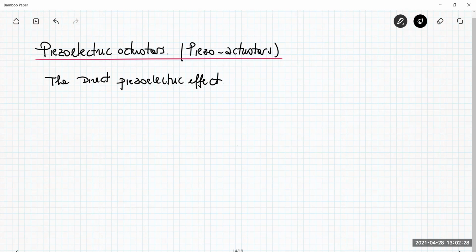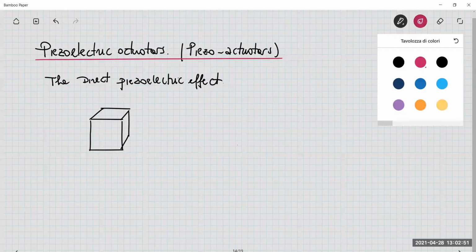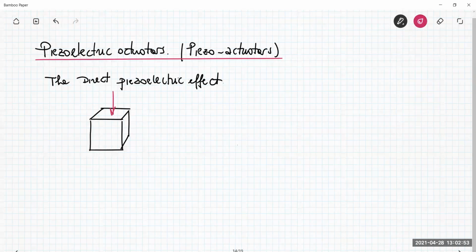by which if a force is applied to a crystal, say a quartz crystal, for example, let me just exemplify the discussion with this crystal. Let me put here a force which acts in this vertical direction.